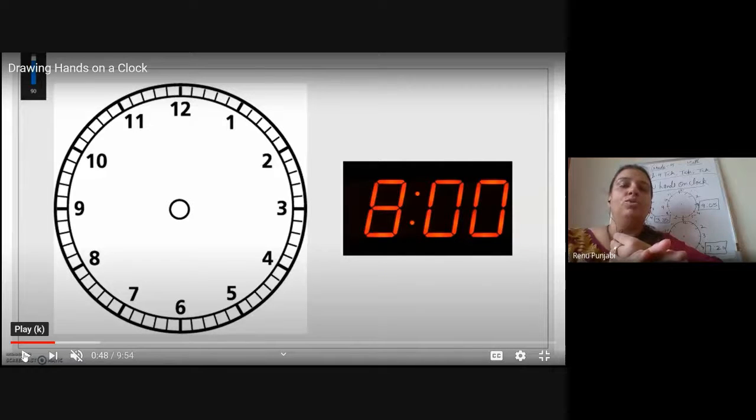Now let's see how to draw this time which is given in the digital clock, how to draw it in this 12-hour clock.